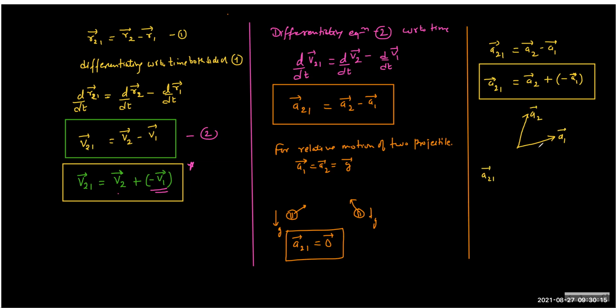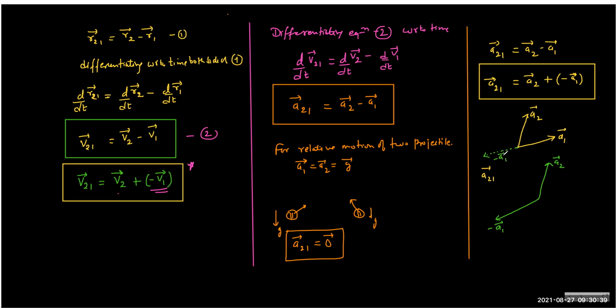Sir, the A21 will look like this: A1 is actually observing A2, so the arrow should be towards A1. So you have to reverse the direction of A1. That's the only thing. That's it.